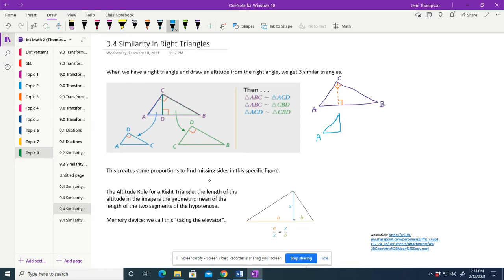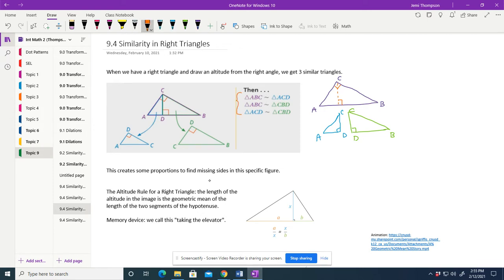So here's A. We're going to call this point D. This is C. This is a right angle here. And then right next to that, I've got this green triangle also. Okay.